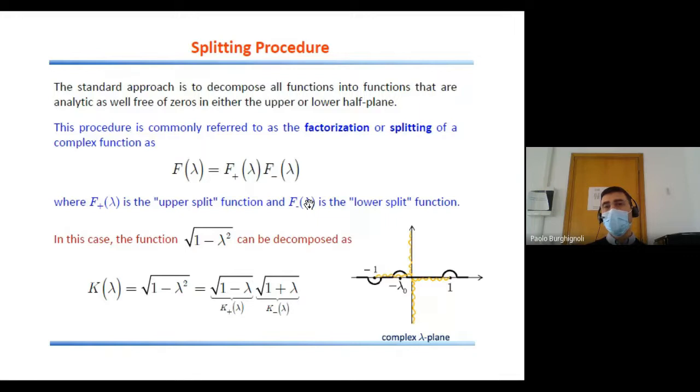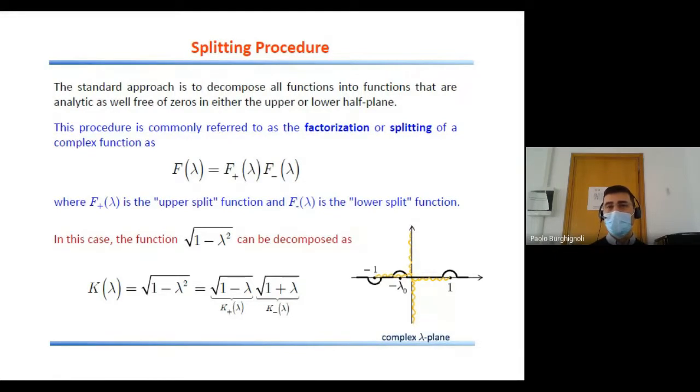Those are functions that are analytic respectively in the upper and lower half plane, and they also are without zeros respectively in the upper and lower half plane.